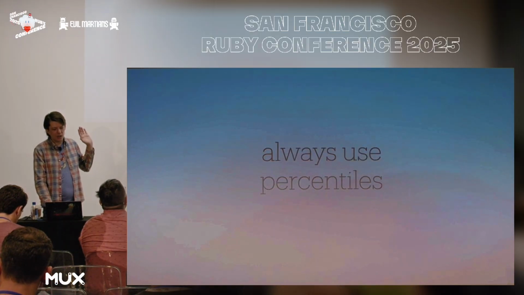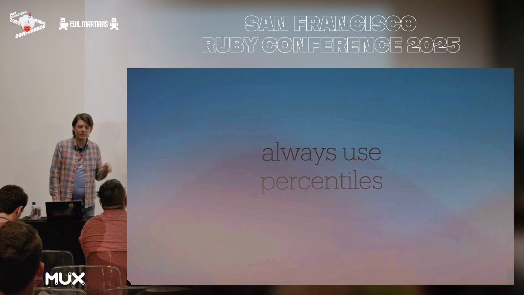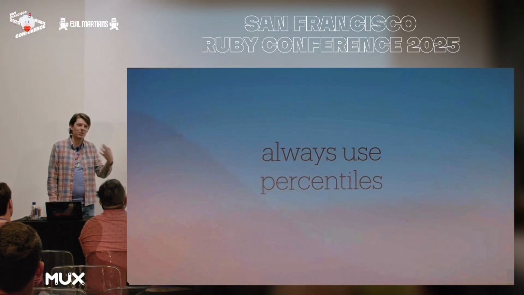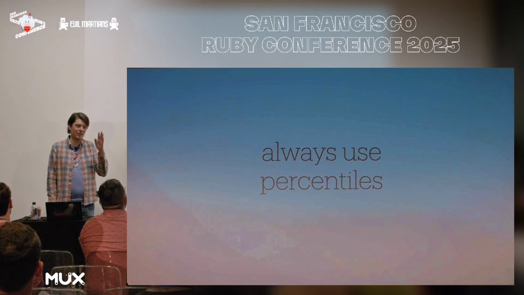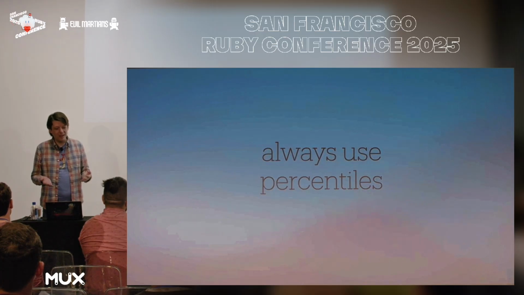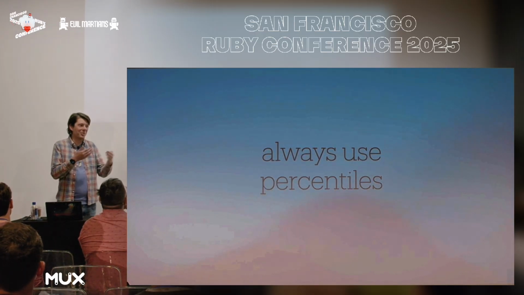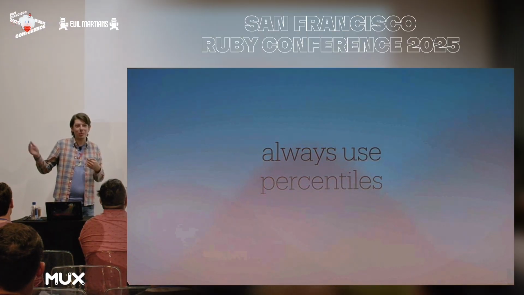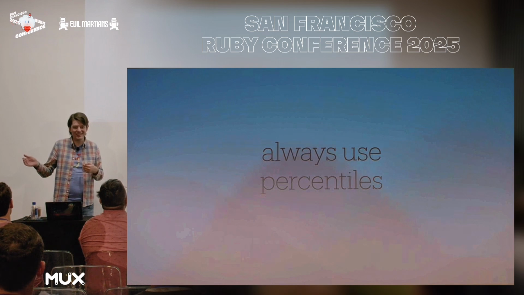So if you have 10 users per day, maybe watch the 90th percentile, because only one person is having a worse experience each day than the percentile that you're watching. But if you have 10 million users every day, you might want to track the 99.999th percentile, because whatever that number is, at least 100 people had a worse experience than that.